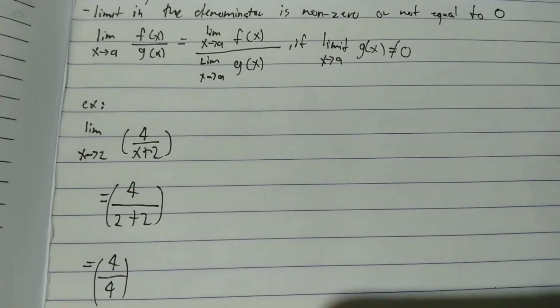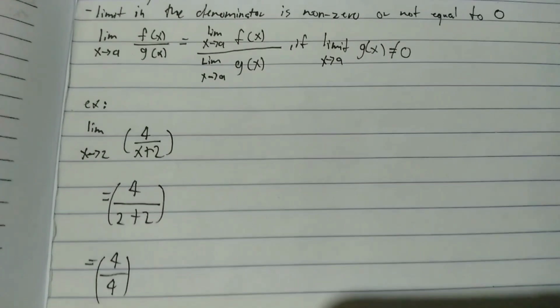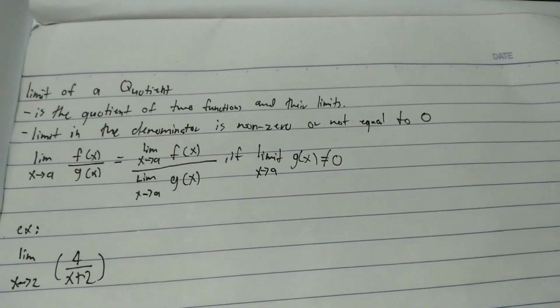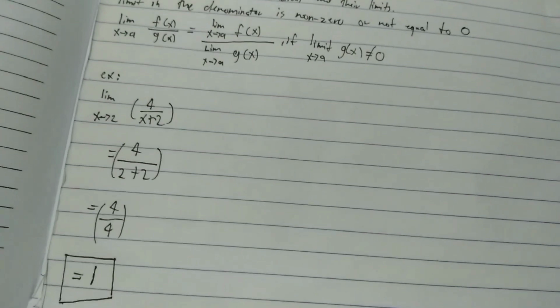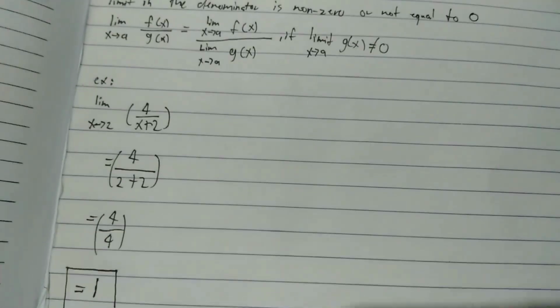So this becomes 4 divided by 4. Any number divided by itself equals 1. And as the quotient rule said, as long as the denominator is not equal to 0, this counts. Yeah, so that's basically it.